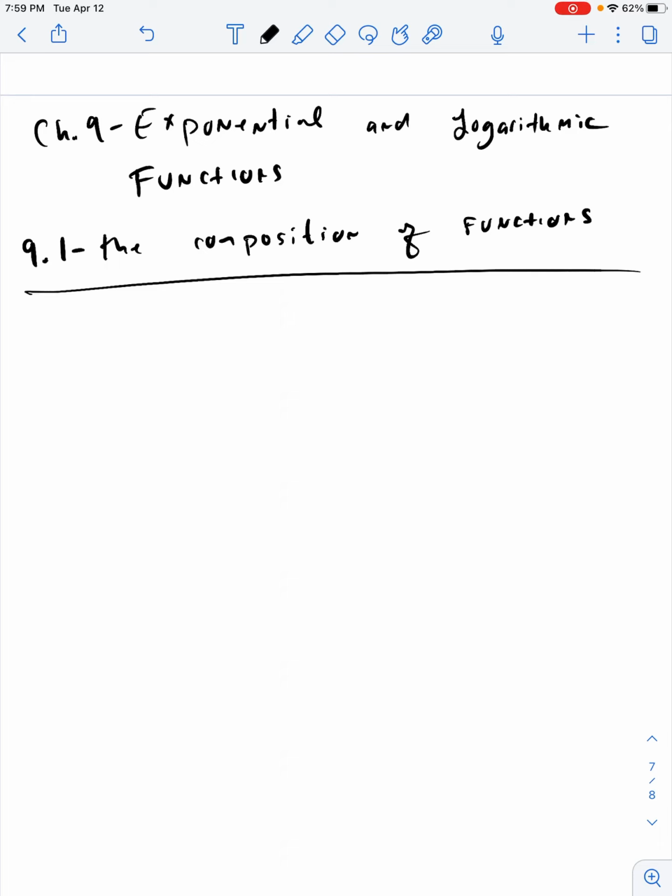So, let us start off by just defining the composition of functions.